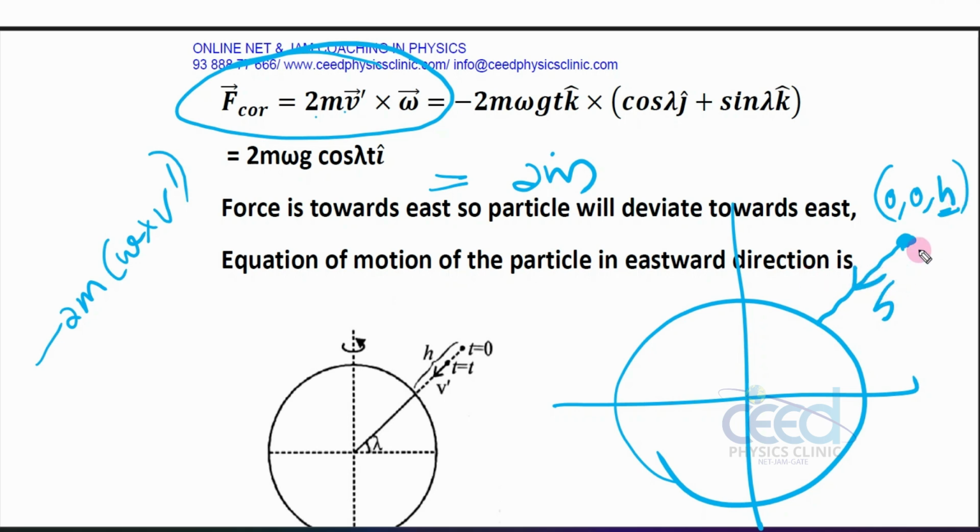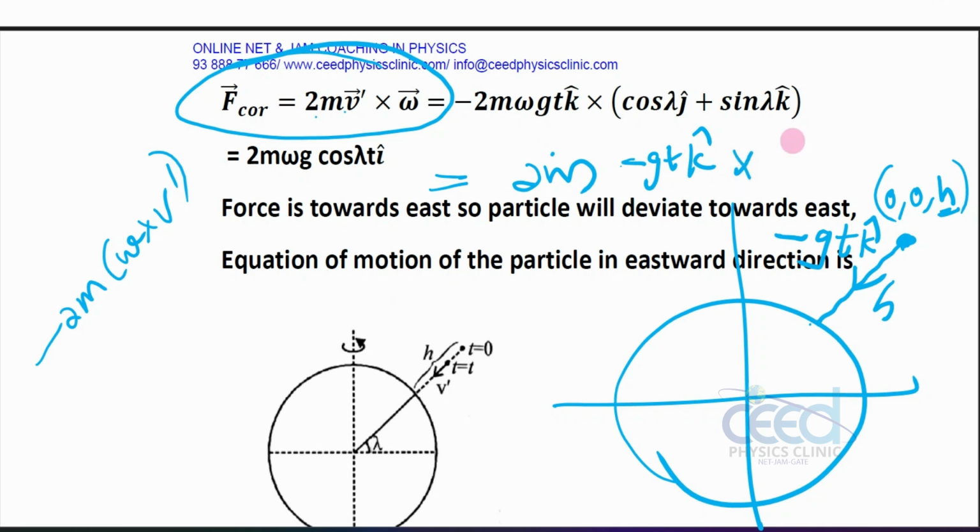Then what is the velocity of a freely falling body? gt, right? Acceleration due to gravity, minus gt k cap. Why? Because it is downward, right? So its velocity is downward. We represent minus gt k cap. So 2m into minus gt k cap. That is why this negative here.